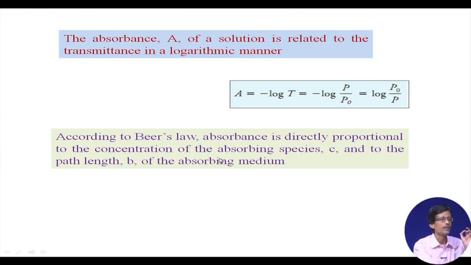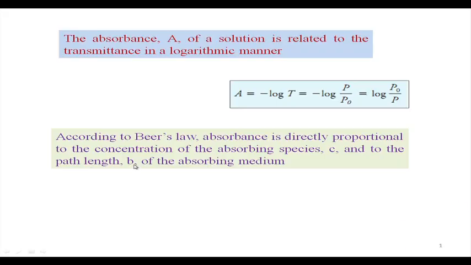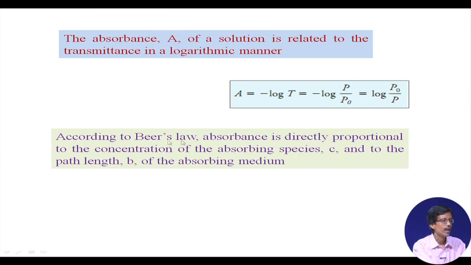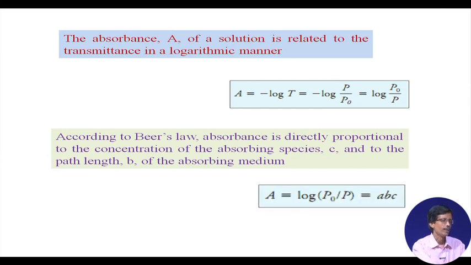It is nothing but the C of the absorbing species, which is responsible for your color, and to the path length B. Though we call it Beer's law, the incorporation of path length in the relationship is the B value of the absorbing medium. That means the thickness of the cell or the cuvette is coming from Lambert's law.